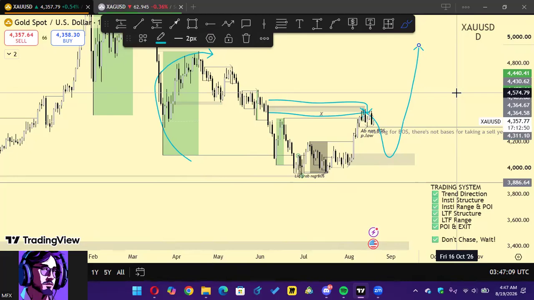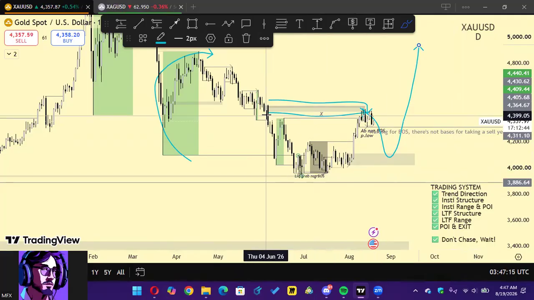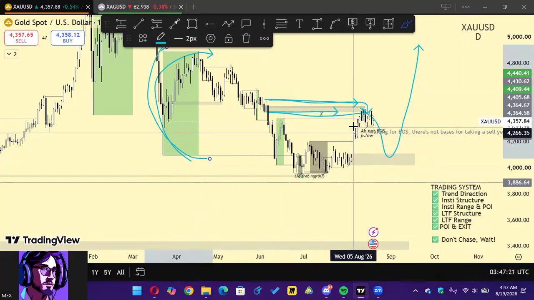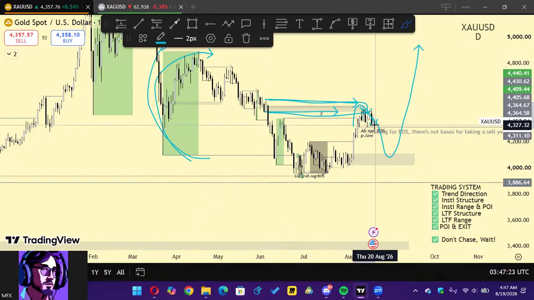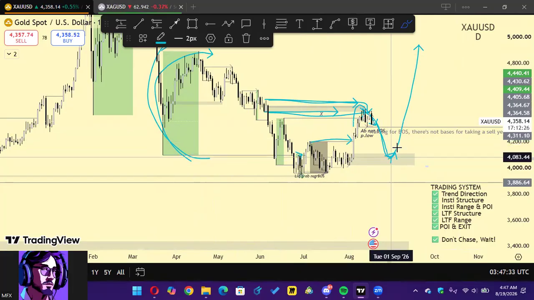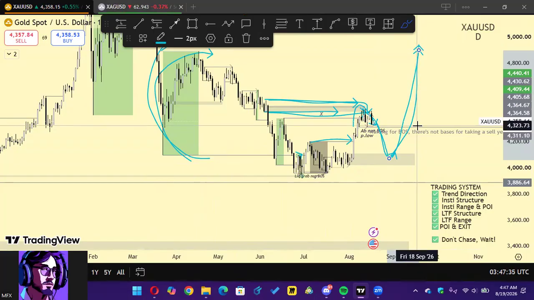That's what I want price to do. That's what my system of approach is showing me that price is going to do. So this is the institutional POI of this institutional range, and we just mitigated it. So I'm expecting to see a double MB formation to the opposite side of price, and we mitigate the POI of this double MB bullish formation and take this higher. So that's what I'm expecting.